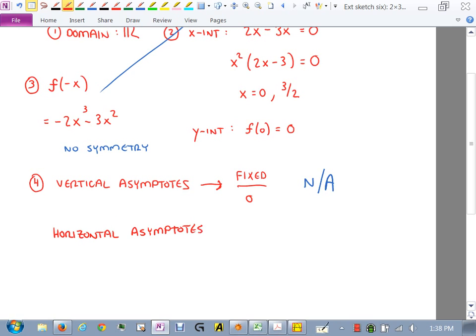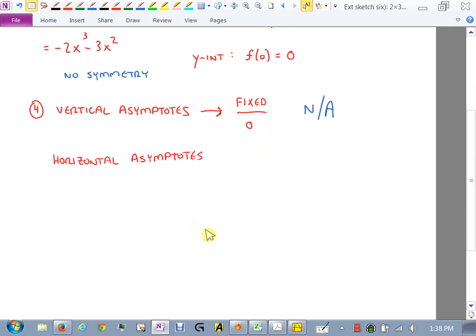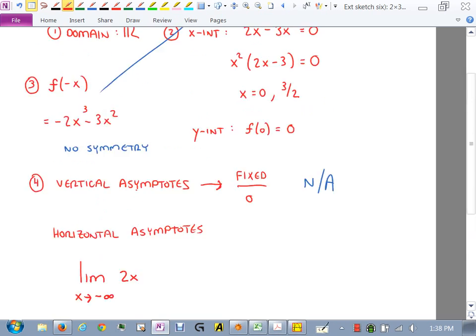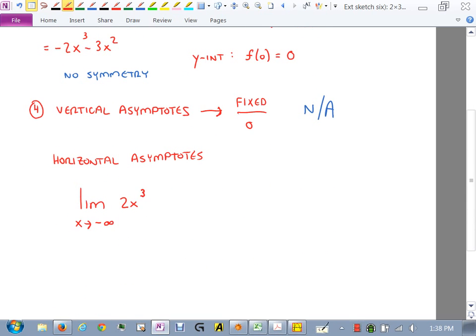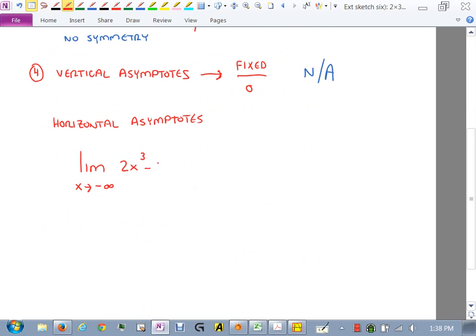For this, you have to check 2 things. First, check out the left side, then check out the right side. How in calculus do I figure out what's happening out the left? I take a limit. I let x go to negative infinity of the function, 2x cubed minus 3x squared.